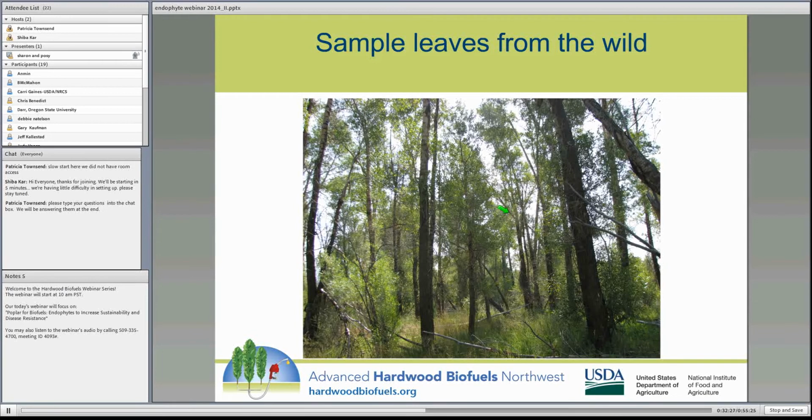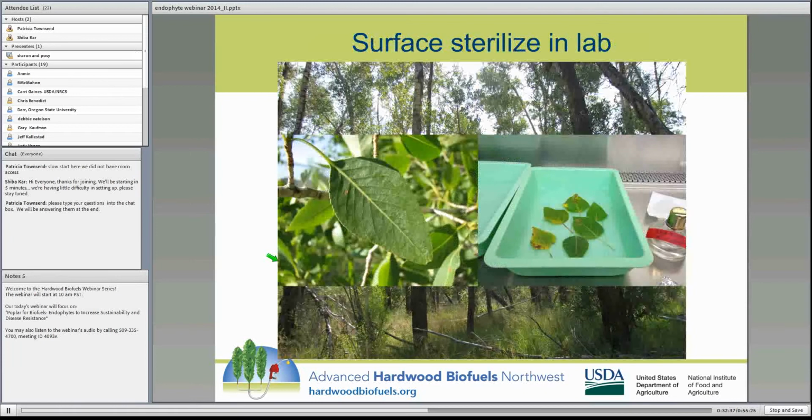Okay, so to begin to characterize those fungal leaf endophyte communities in the wild, we go out to those wild stands and we sample leaves. This is an example of a poplar stand here. Then we bring those leaves back into the lab and we surface sterilize them, as Sharon described, in a bleach solution.